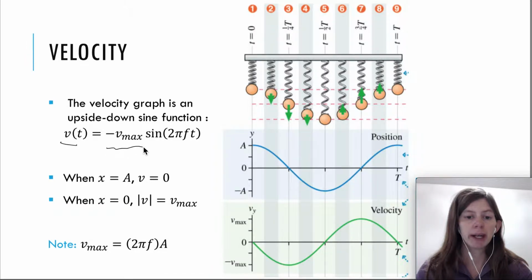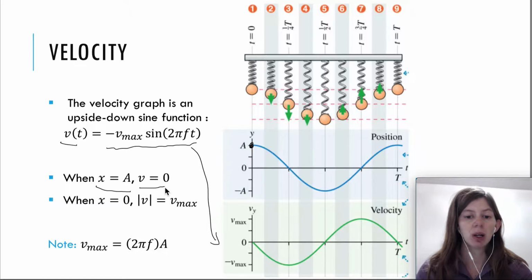Now this was actually derived by taking the derivative of the previous equation, but that requires calculus, so we skipped that in this class, so you just have to accept this equation. This equation is shown right here. This shows the velocity. So you can see it looks like an upside down sine function where x is equal to the amplitude at the beginning of the motion here.